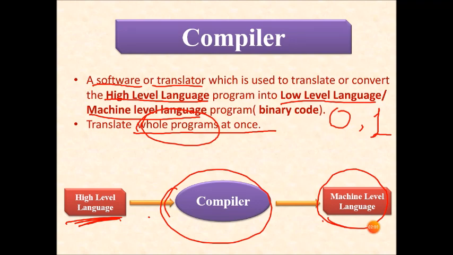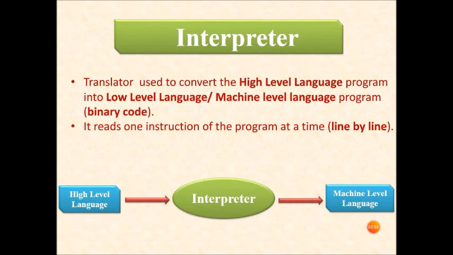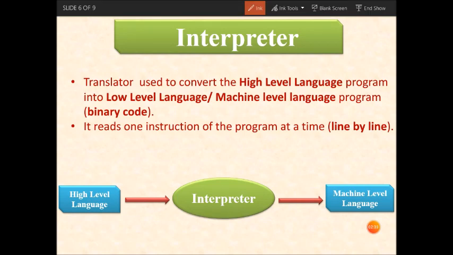Okay. Now talk about interpreter. Similar to a compiler, interpreter is also a translator which is used to convert high level language program into low level language. Okay, it accepts instructions and generates machine code line by line, which means in this translator each time the program is executed, that is why it makes the program execution slow.